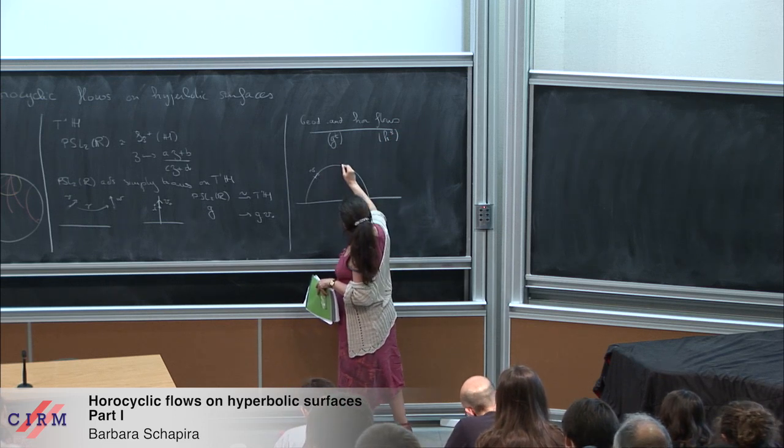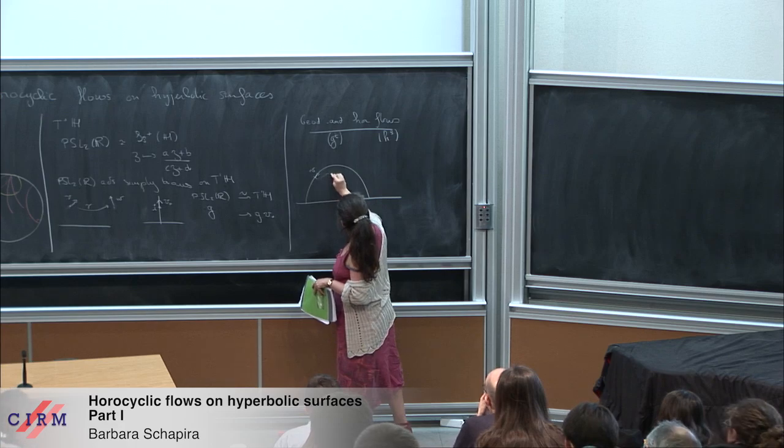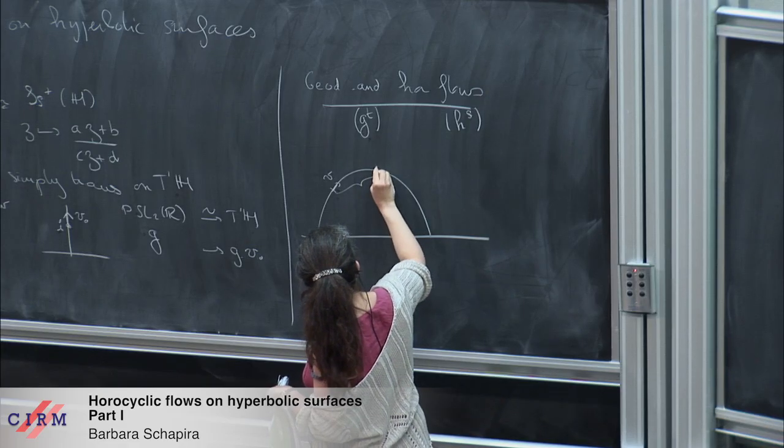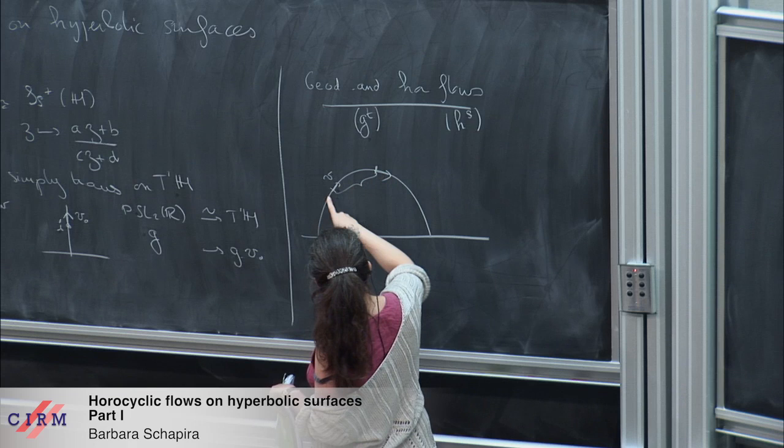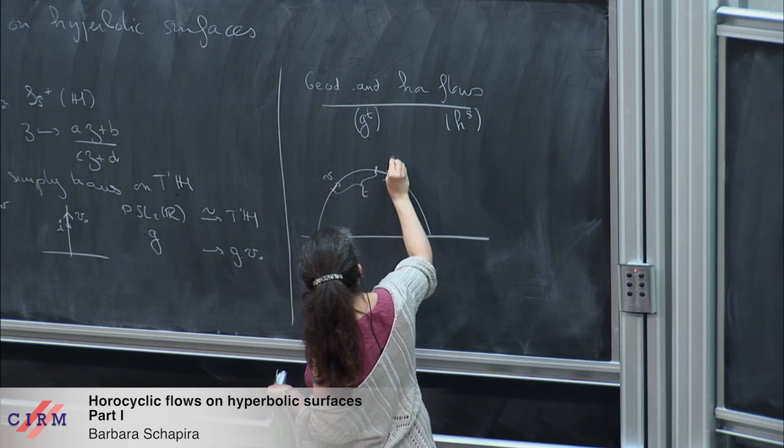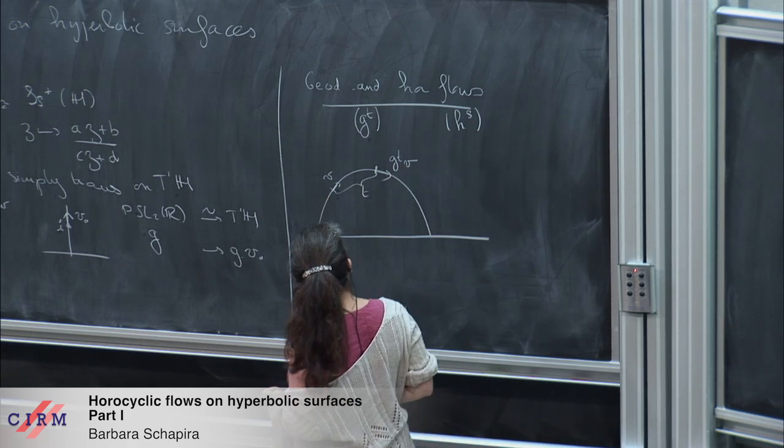So if you have a vector V, the geodesic flow at time t moves the vector by a distance t along this geodesic.